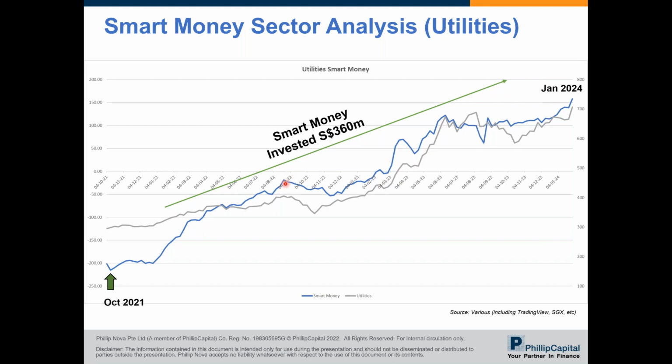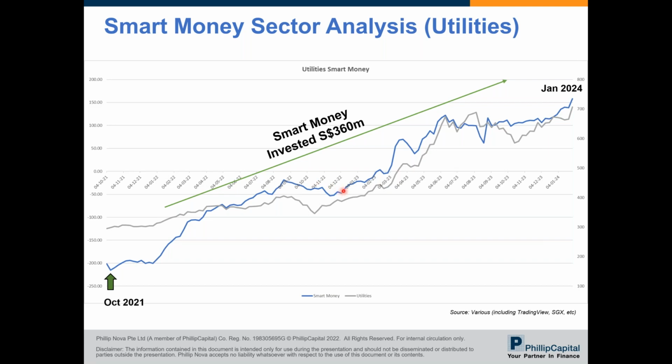But in the meantime, they may feel that the stock is moving nowhere for the next quarter, for the next few months. So they will rather put their money somewhere else or into other sectors that are moving, right? So it could be just a rotation happening, as we are seeing here for the utility sector.